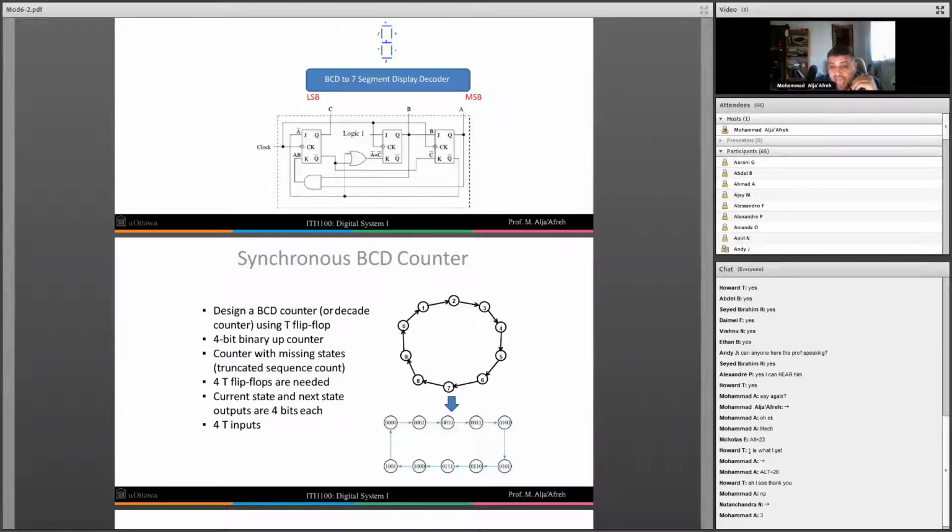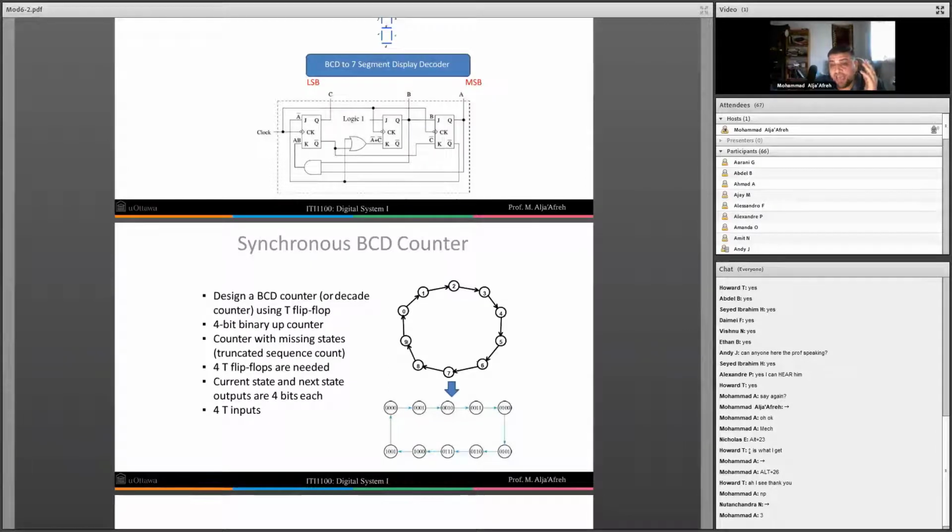What's the maximum integer that I'm reaching in my state diagram? It is 9. So how many bits do I need to encode 9? 4 bits, because it's 1001. Therefore I need 4 flip-flops, and since I told you to use T flip-flop, I'm gonna use 4 T flip-flops.